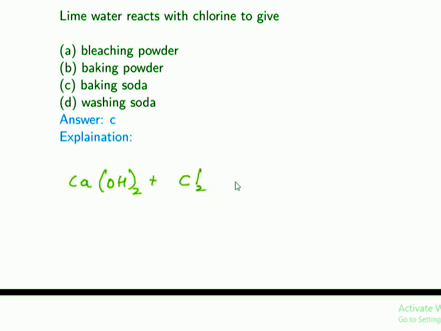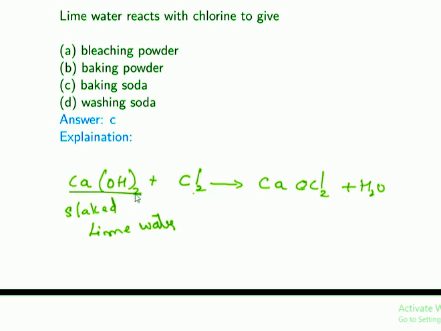This is going to react with chlorine, giving rise to CaOCl2, that is nothing but bleaching powder, and water is separated. Got it? Slaked lime and lime water are both the same. Whenever slaked lime or lime water reacts with chlorine, we get bleaching powder.